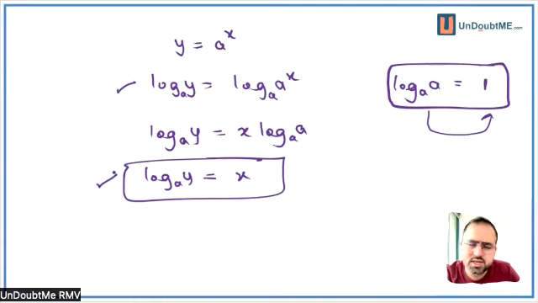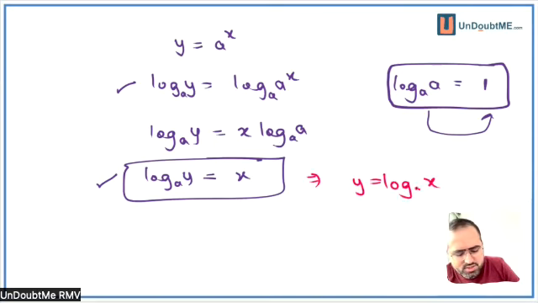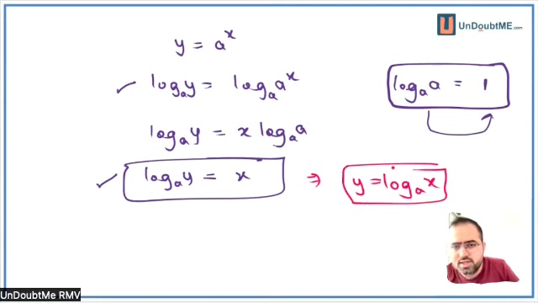That depends from teacher to teacher and that depends from school to school. Okay, we have done both the things in earlier classes, so it is up to you whether you want to switch it before or now. I'll be doing it now. And if I switch x and y, I will get y is equal to log of x to the base a.